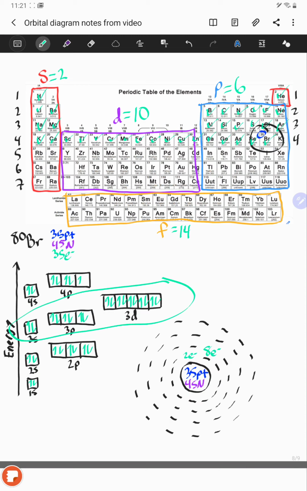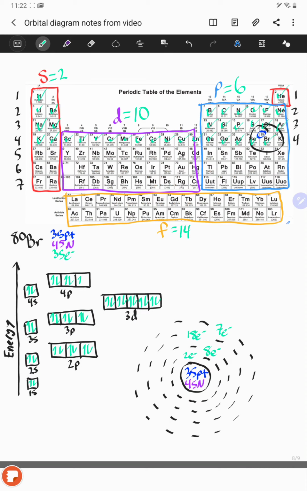And if we count all of those electrons, we're going to get 18 electrons in the third energy level. And then on the fourth energy level, we're going to count how many electrons we have. And if we count all those, we're going to find that there are 7 electrons on the fourth energy level.